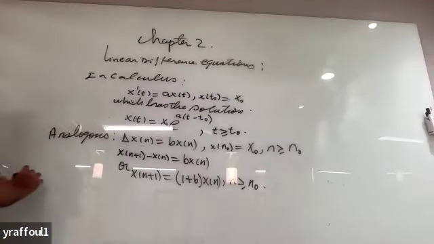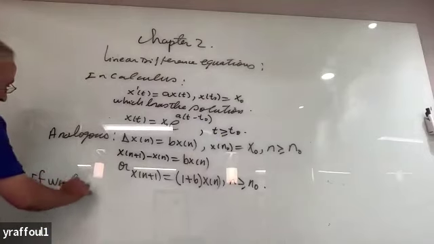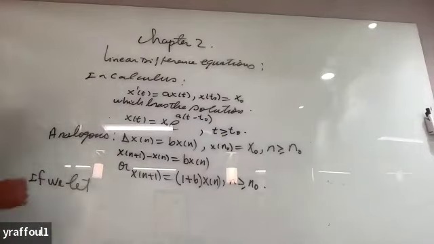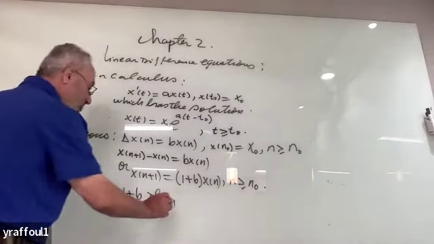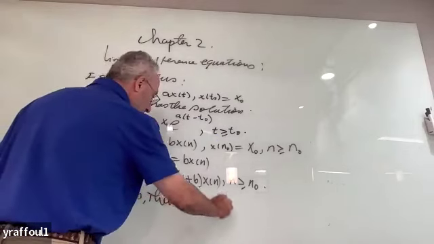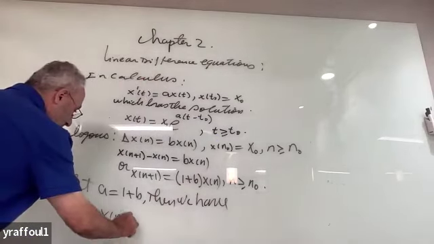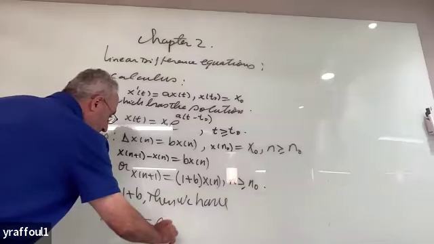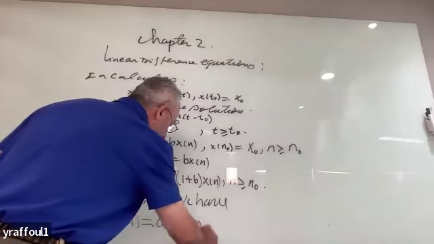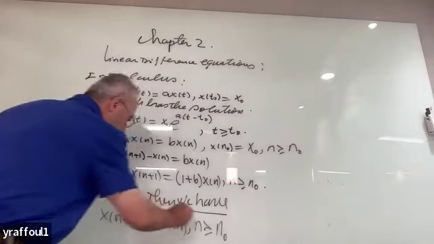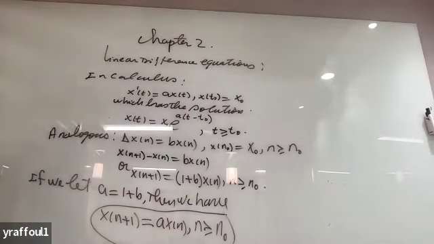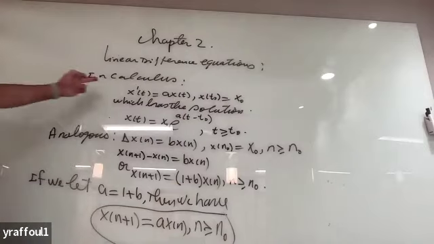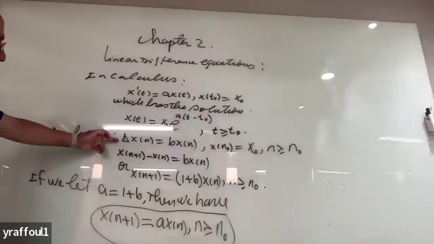Okay? So if we let a equal 1 plus b, then we have x(n+1) equal to a xn, n bigger or equal to n0. So this is the one we're gonna be looking at. Okay? You see, this one, the analogous of it is this one.